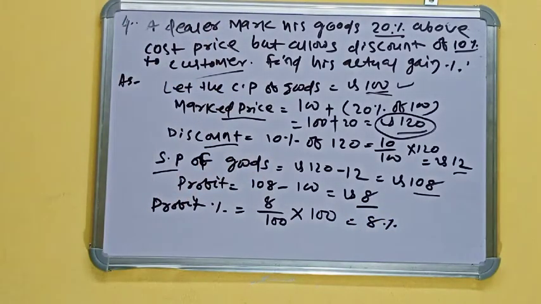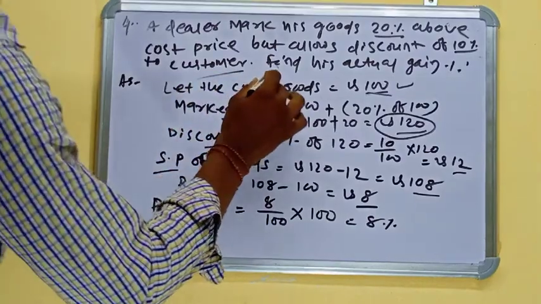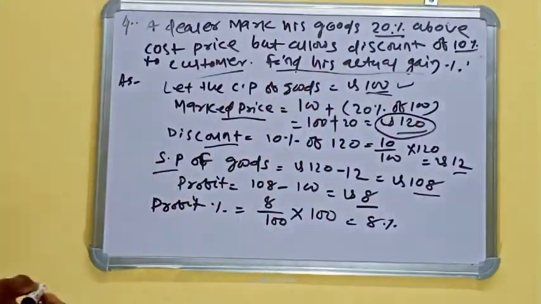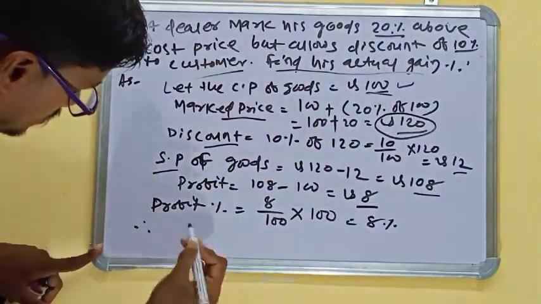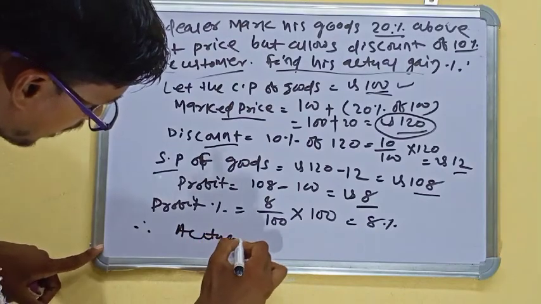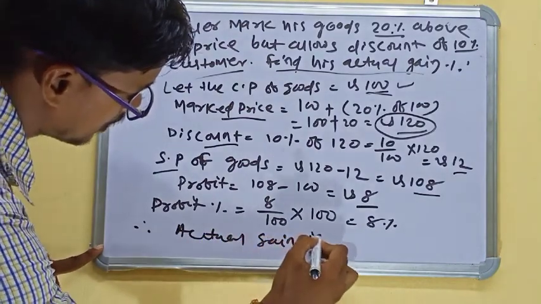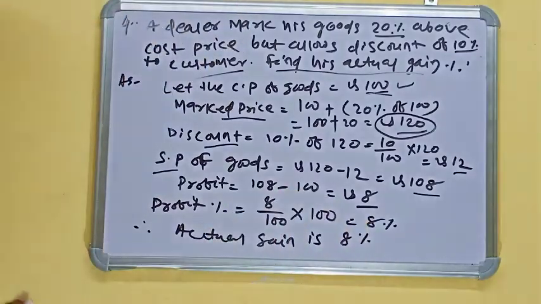Then in the question, find his actual gain. Here the actual gain is 8%.